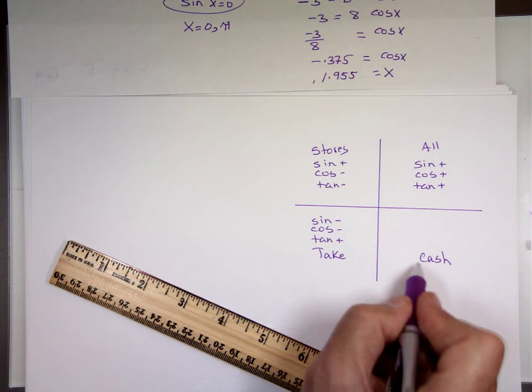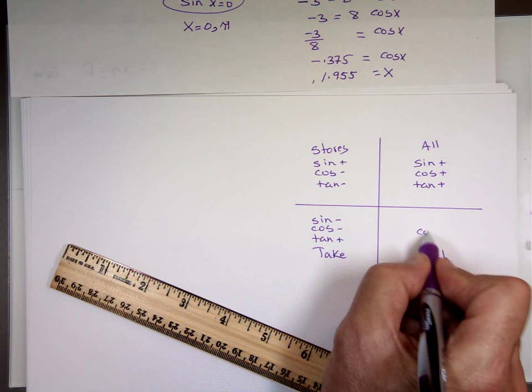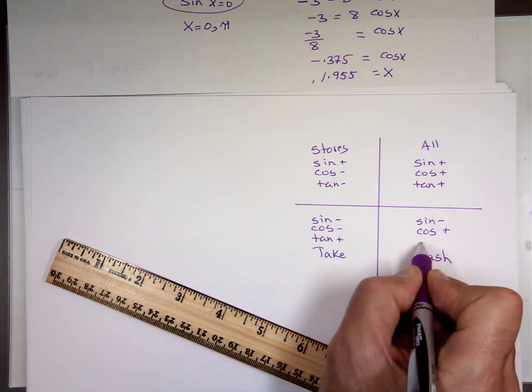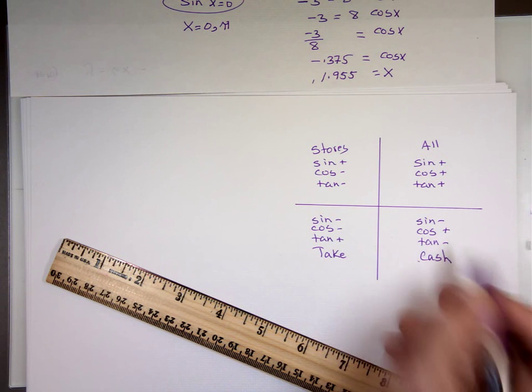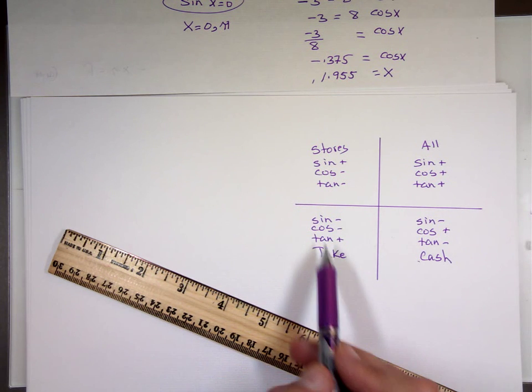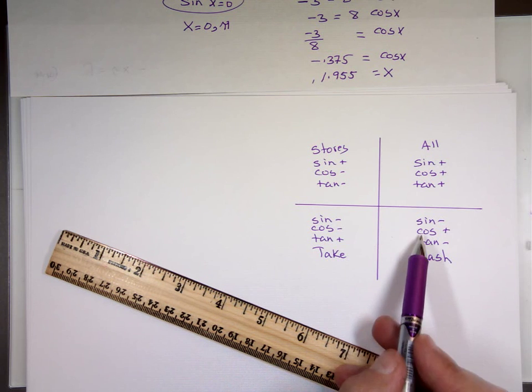Cosine is positive here, which means the sine is negative and the tangent is negative. So that tells you which function is positive in each quadrant. S for sine, T for tangent, C for cosine. All 3 are positive.